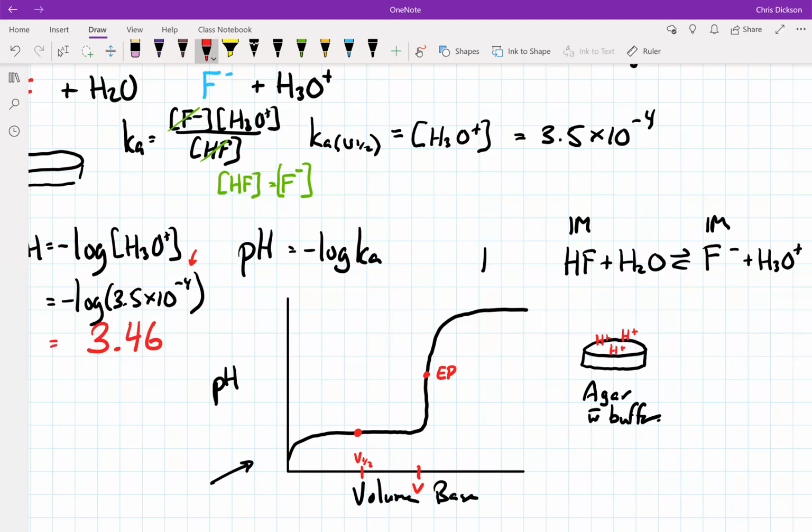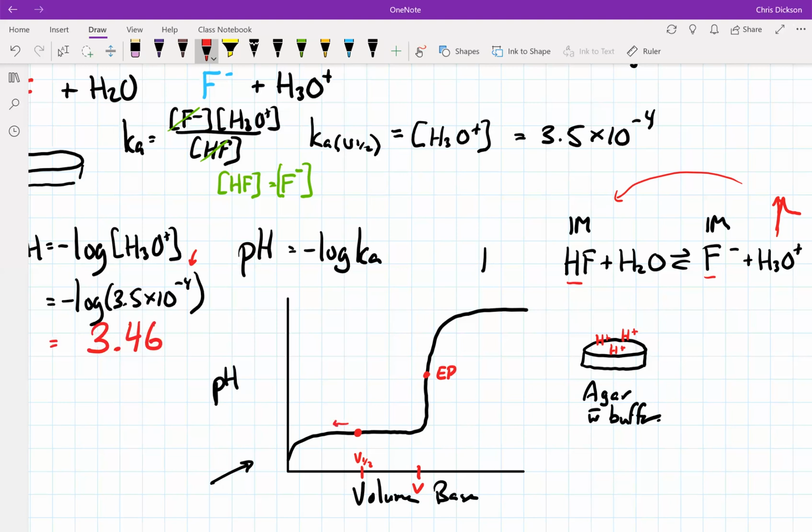And what you would notice is that if you start making H pluses, the concentration of the hydronium would go up because the bacteria are making H pluses, and that would cause the reaction to shift, according to Le Chatelier. If you increase that, it would shift that way. And so you would go up, and then it would start to go down a little bit. Now, as it shifts that way, it does make more of the HF, and it would use up some of the F minus, not necessarily all of it. And what would happen is it would start to move that way on the curve.